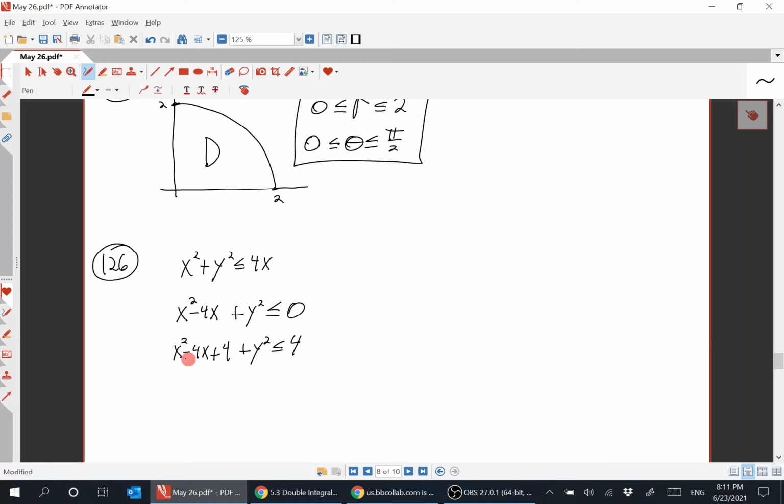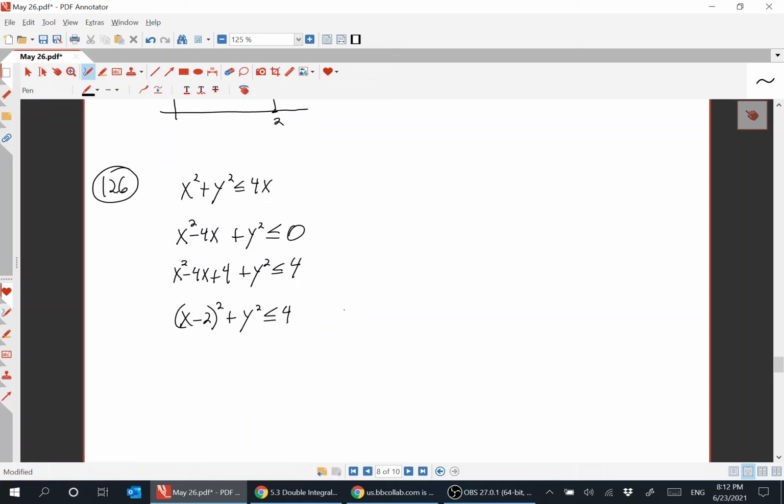So add 4 to both sides. So this becomes x minus 2 squared plus y squared less than or equal to 4. So this is the disk, the whole thing, of radius 2 centered at the point (2, 0). So this is 2 on the x-axis, and then we're talking about the circle here of radius 2.